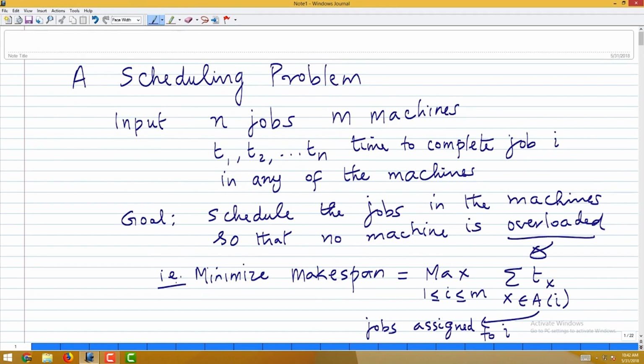You have this, and so there are lots of variations of this. For example, we assume that you take this job and assign it to any of the machine, it is going to take the same time t_i, but this may not be true, right. Some job on some machine may take more time, some machine may take less time.